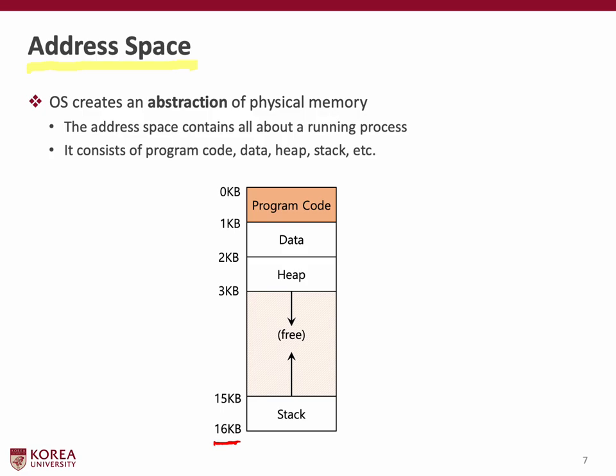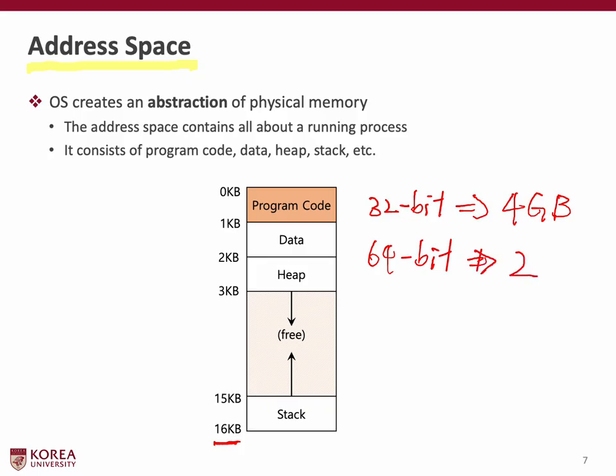For example, in a 32-bit computer architecture, the address space size is 4 gigabytes, and in 64-bit computer architecture, the address space size is 2 to the 64 bytes.